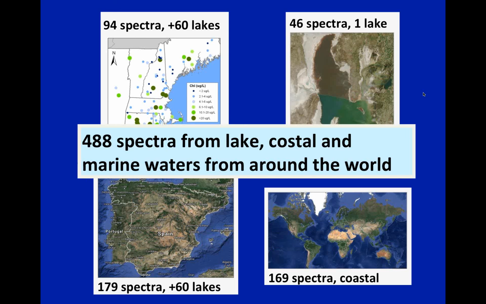So we compiled this list of almost 500 spectra from lake, coastal, and marine waters from around the world, and said, using this giant data set, can we come up with a good way to translate that we can use anywhere, maybe not in the open ocean, but anywhere close to land or in lakes?